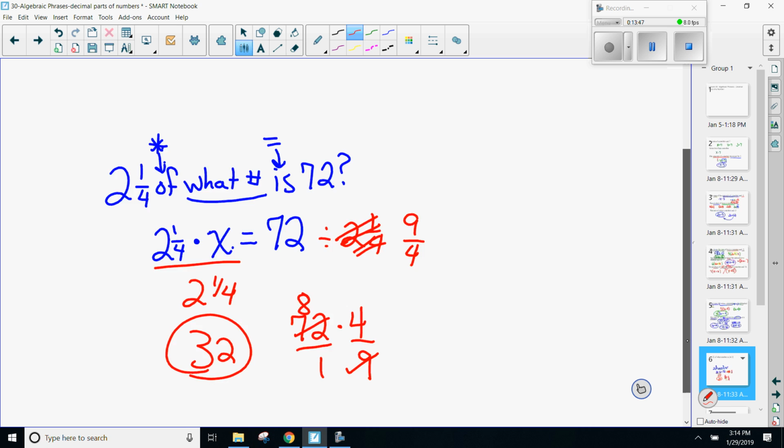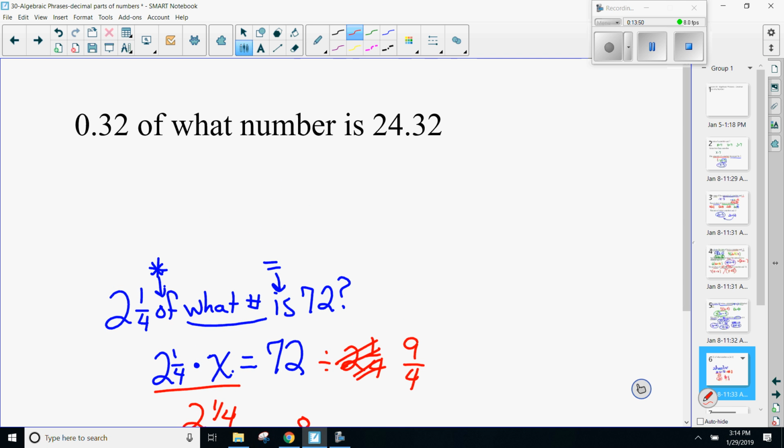Okay, but here's the problem. What happens if you have decimals involved? If you have decimals involved, the same thing. What does the word of mean? Multiply. So we want to change that to multiplication. Of what number? I'm going to use a different variable. Let's call it y, so it doesn't get confused with the asterisk. What's the word is mean? Equals.